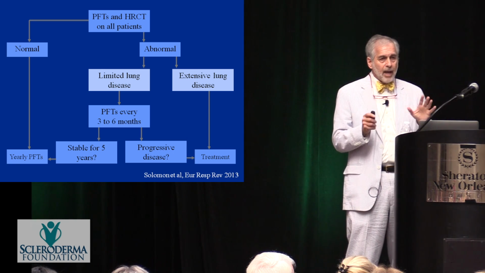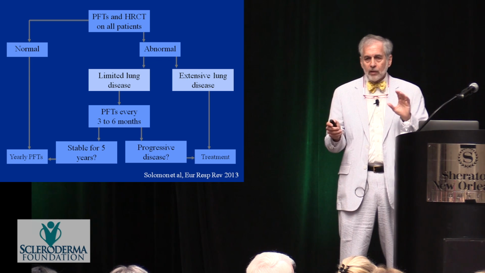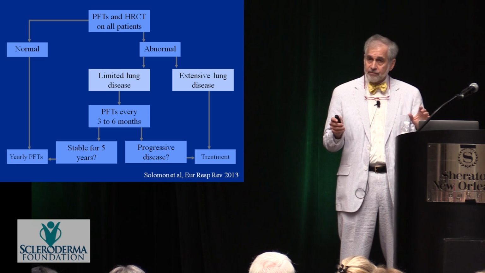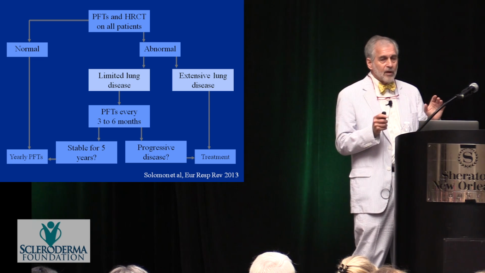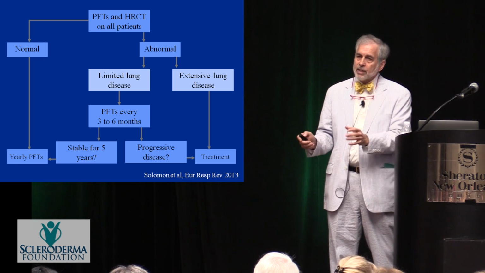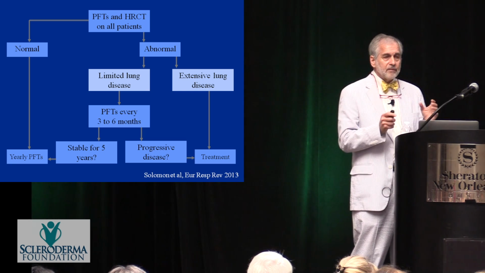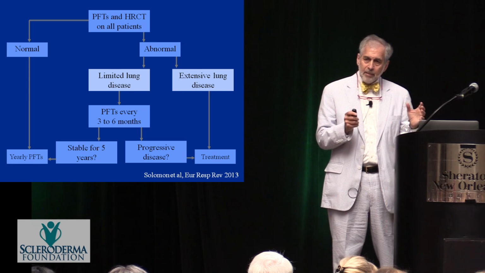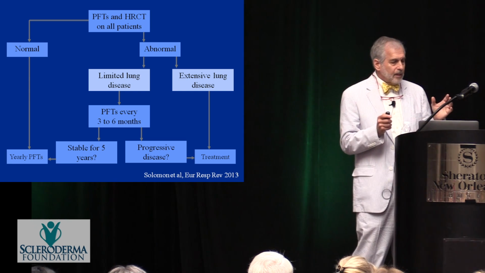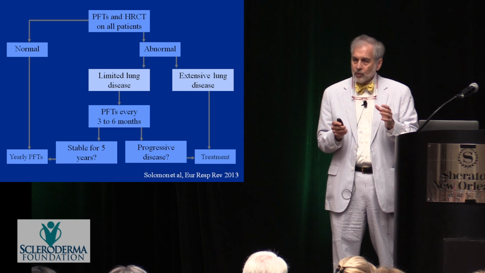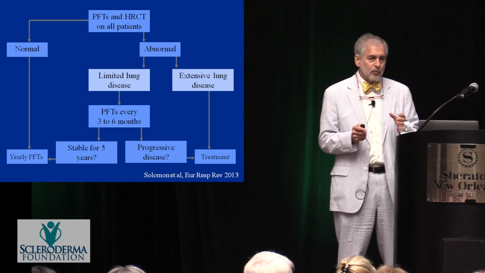If those are abnormal, we look on the CAT scan to see how bad it is, how much of the lung is affected. If there's a lot of lung involvement, we would then say that person merits treatment. If it's limited in the amount, then we look at their PFTs more closely. We don't say come back in a year, we say come back in 3 or 4 months.